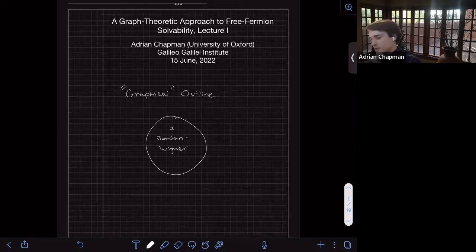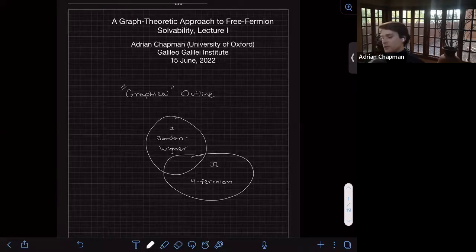And in the second lecture, I plan to talk about another graph-theoretic class, which overlaps the first, but not completely, to which the Free-Fermion model originally proposed by Paul Fendley falls. That's my plan for the second lecture.